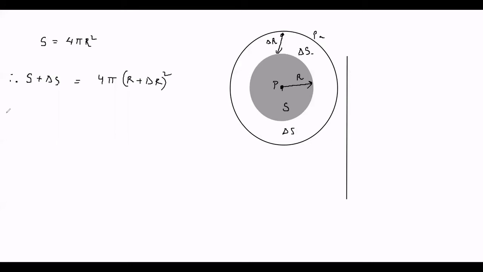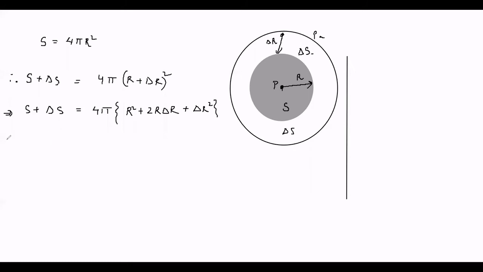So I will simplify this a little bit, and this becomes S plus delta S equal to 4 pi, and let us expand this. I will get R square plus 2 R delta R plus delta R square.